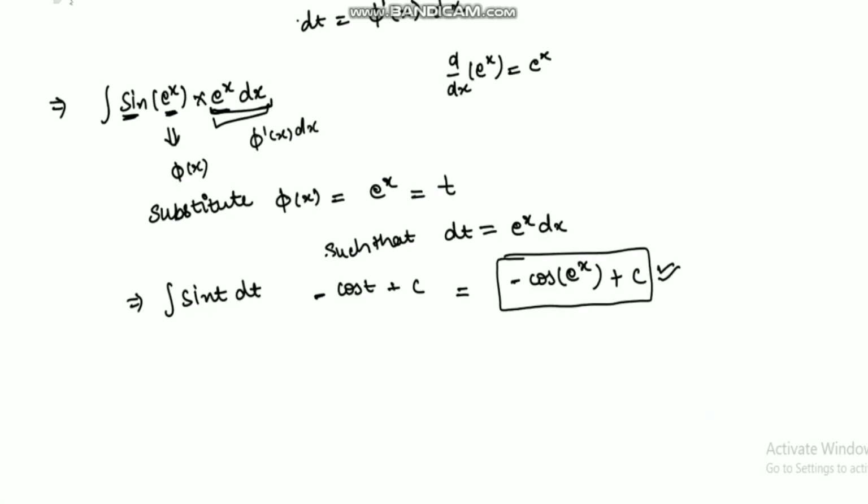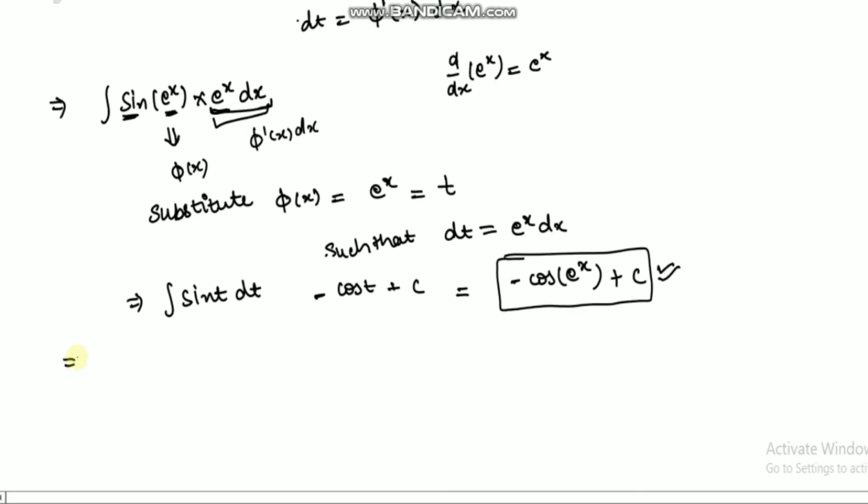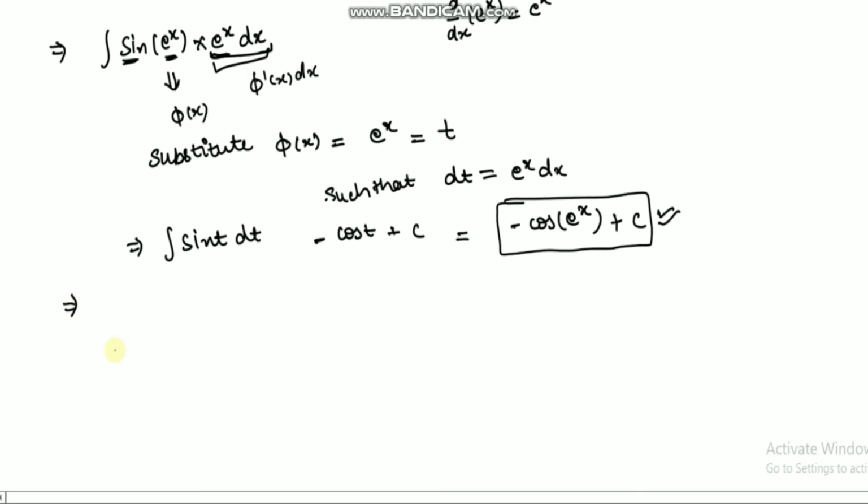Okay students, let's understand this concept with another example also. Our next example is integration of sine cube x plus 5 sine square x plus 2 sine x plus 3, multiplied by cos of x dx.